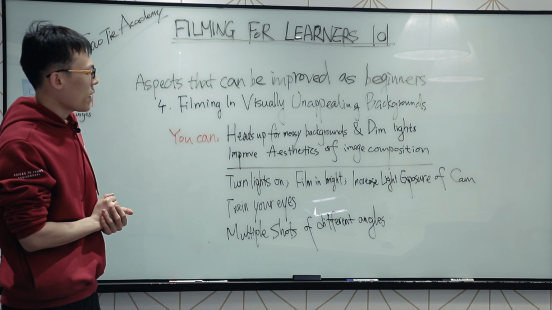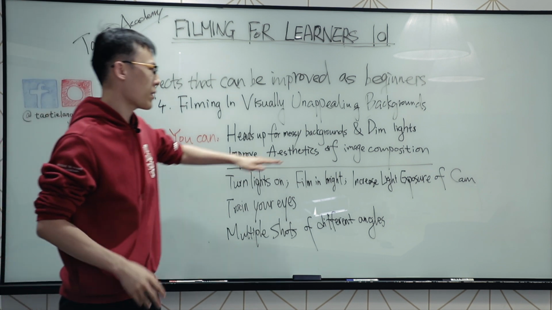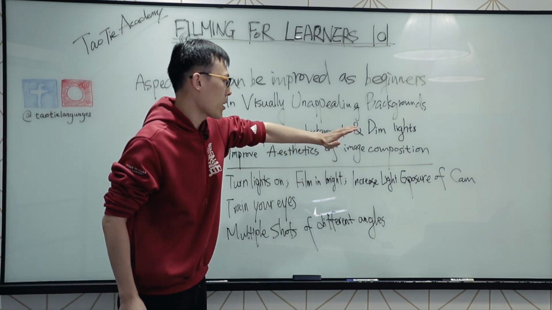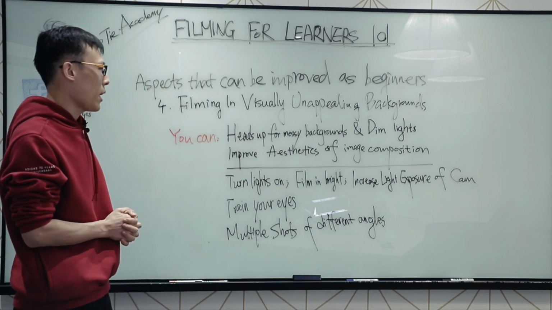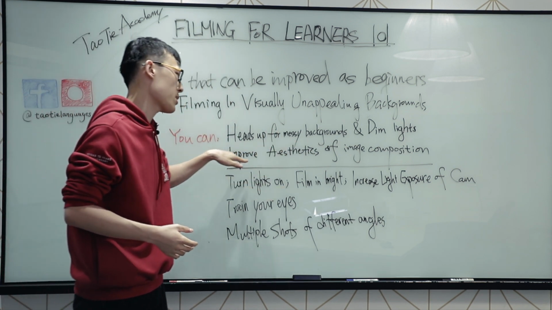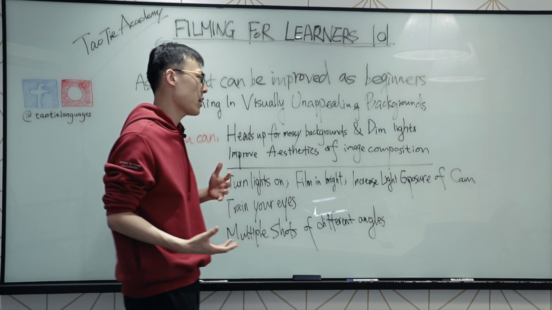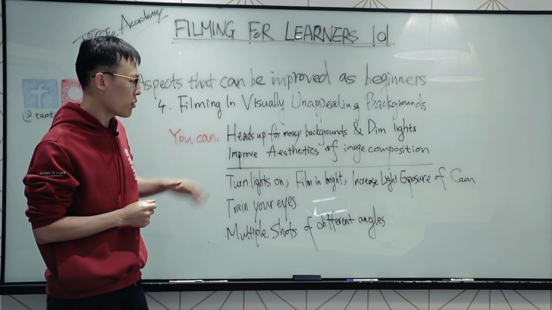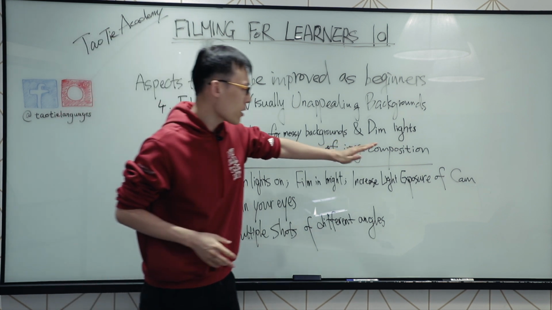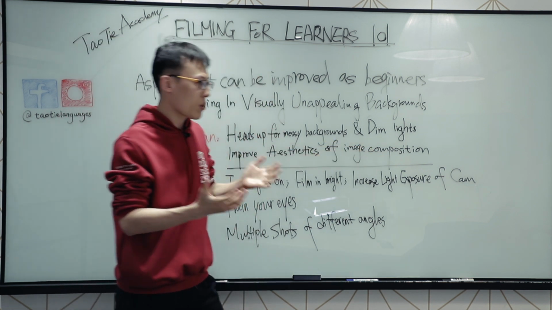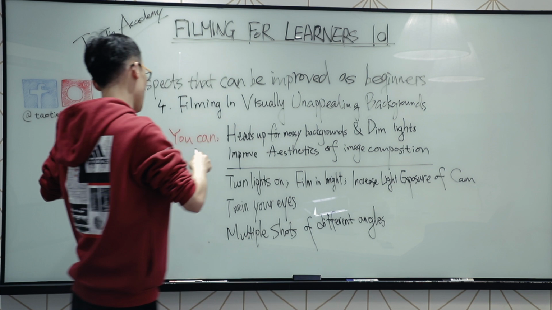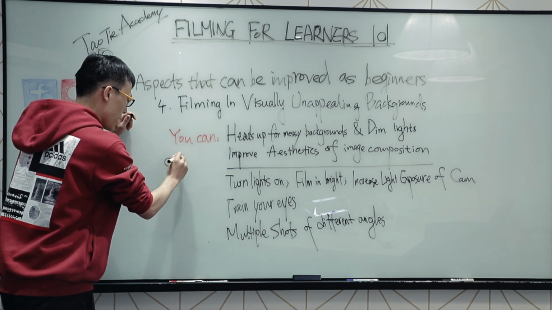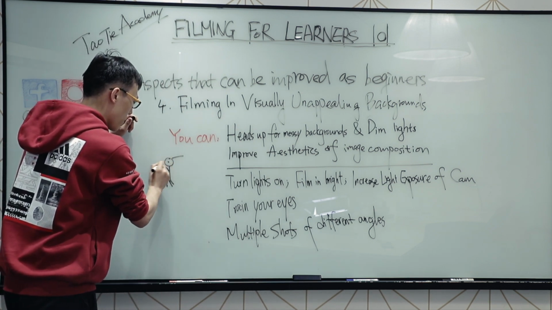So actually the problem really is having a messy background, or dim lighting, and also sometimes the picture doesn't have good aesthetics of image composition. So how to improve? By image composition, I mean when you're filming something, like a bird. Let's say this is a bird, right?